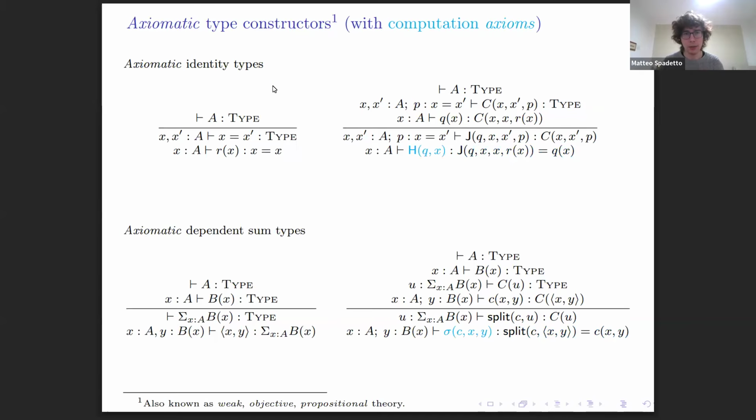And I will talk about their axiomatic versions, where instead you just have terms in the corresponding identity types, which are called either propositional computation rules or computation axioms.